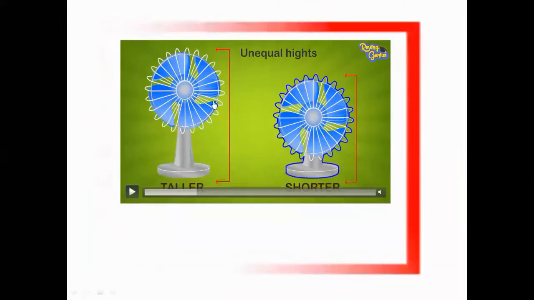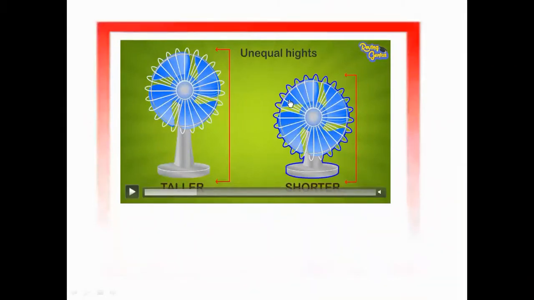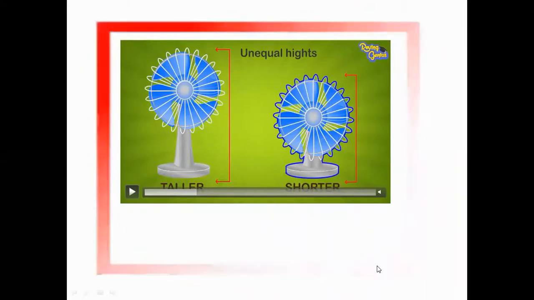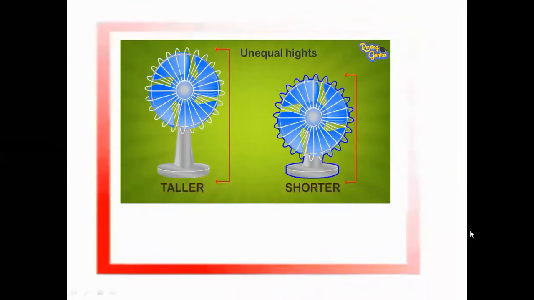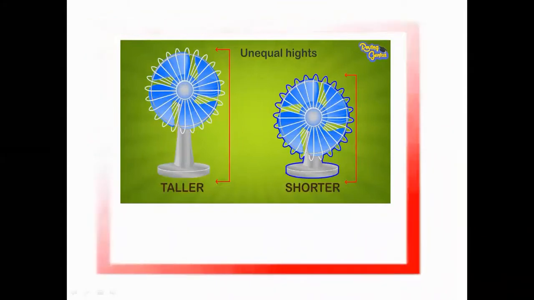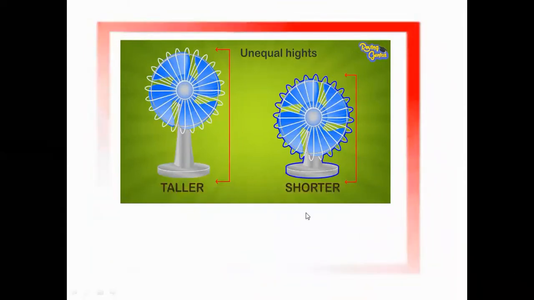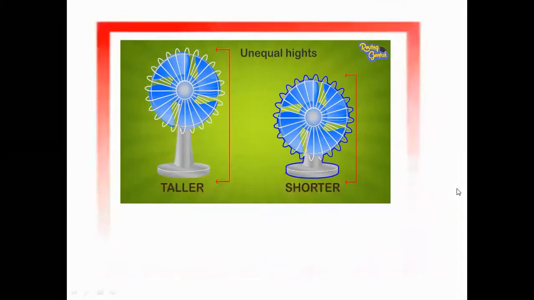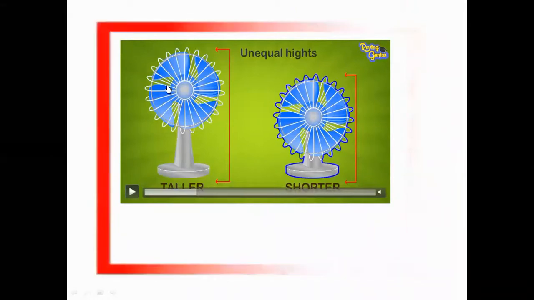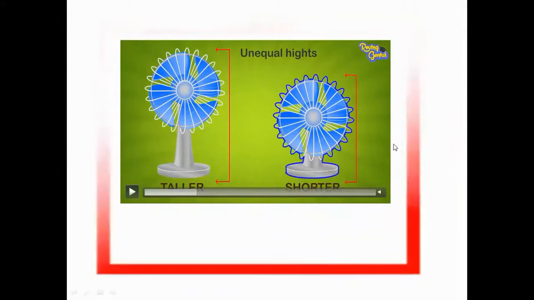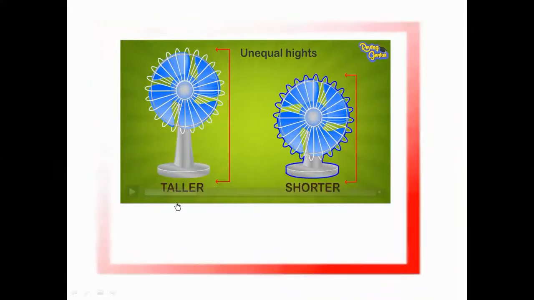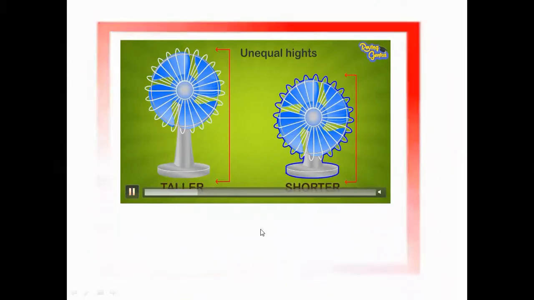We are just comparing the same objects that are unequal in height. Understood? Now we can also say that this object is shorter than this object, or you can say the first fan is taller than the second one. Understood? We are just comparing the height of the objects.